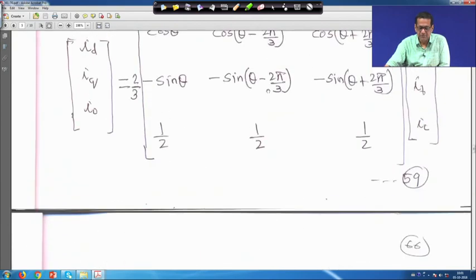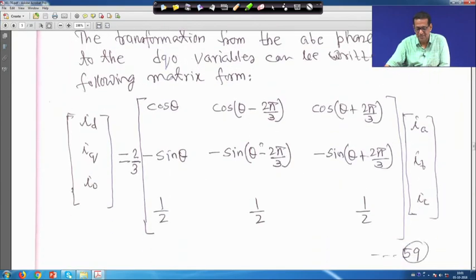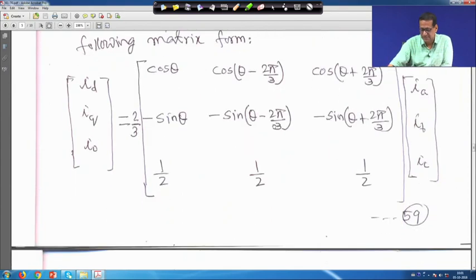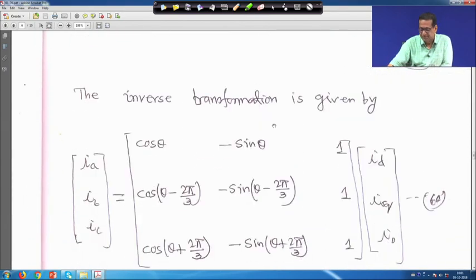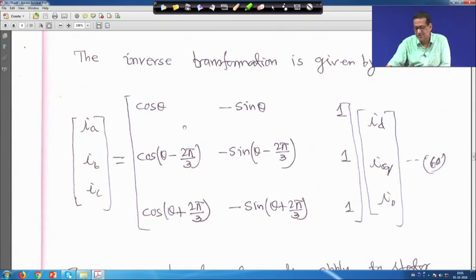If you take the inverse transformation of this, then IA, IB, IC are given by a matrix whose first row is cos theta, minus sin theta, 1; second row cos theta minus 2 pi by 3, minus sin theta minus 2 pi by 3, 1; and third row cos theta plus 2 pi by 3, minus sin theta plus 2 pi by 3, 1.